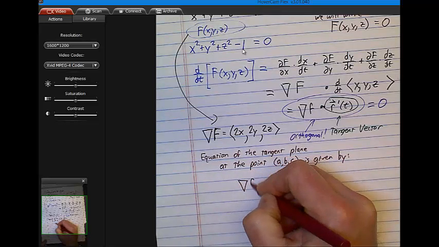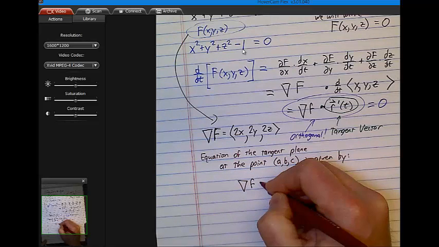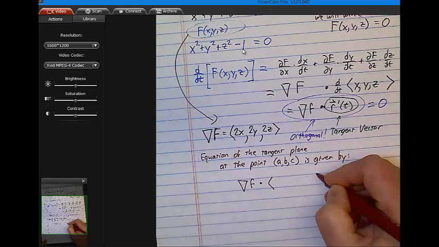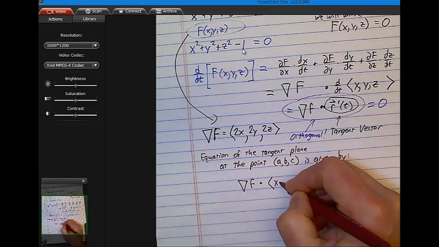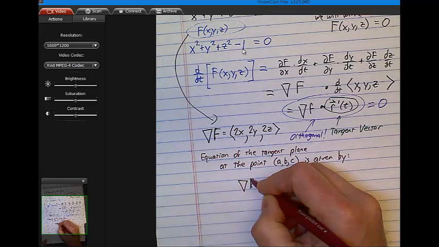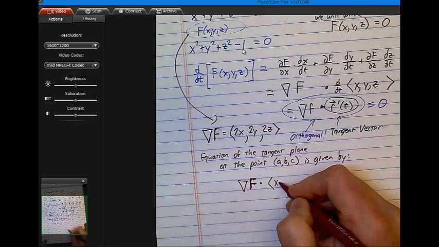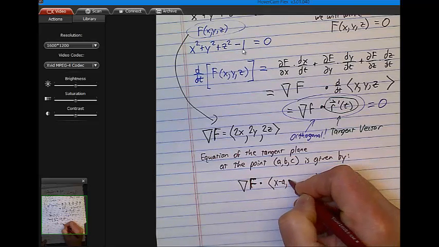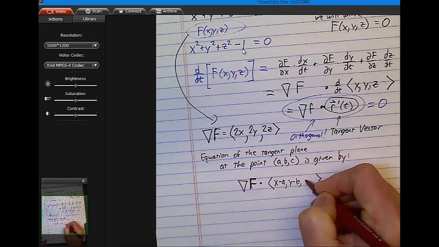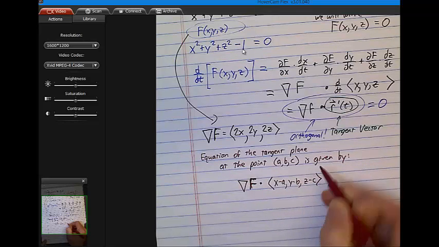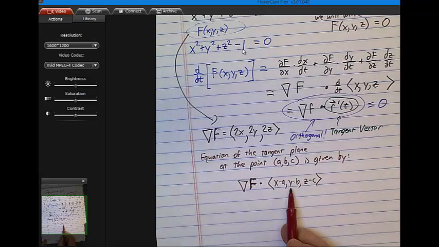Grad f dot, and I better make this big F. Again, it's thinking of it as a function of 3 variables, x, y, z. And then I'm going to write another 3-dimensional vector here, x minus a, y minus b, and z minus c.